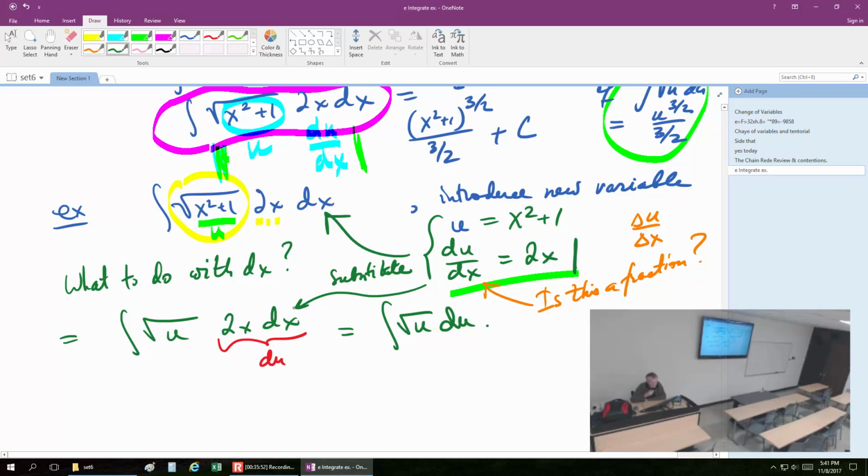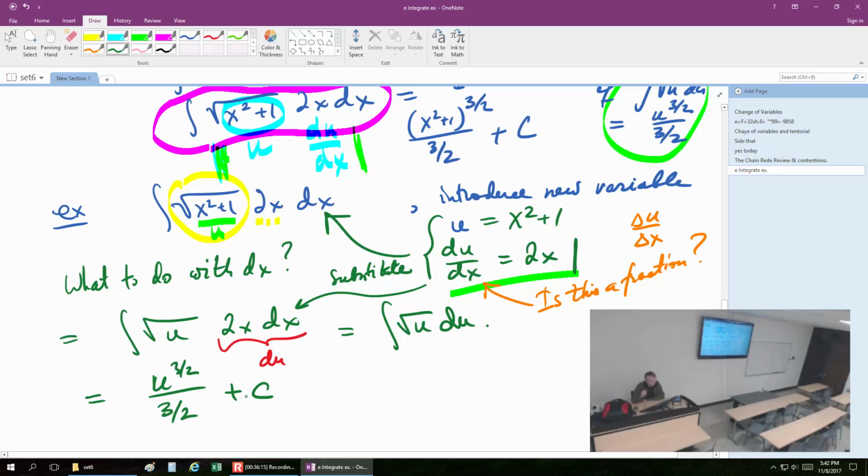Then we have converted our integral to one in u, which is simpler than the original. So that's a success. We now integrate with respect to u. We have u to the 3 halves divided by 3 halves plus c.